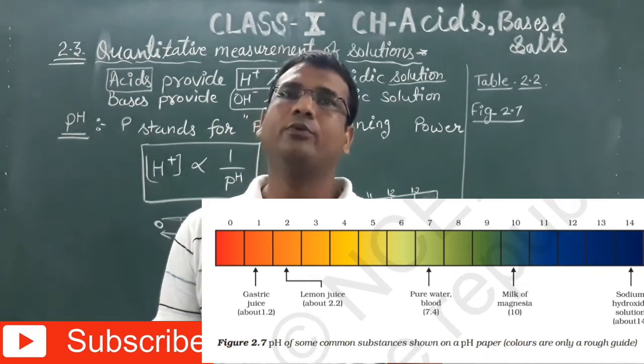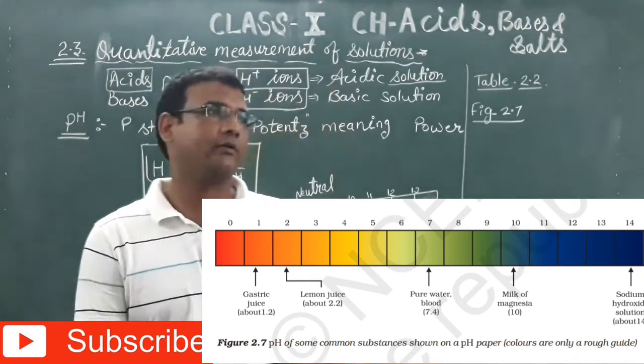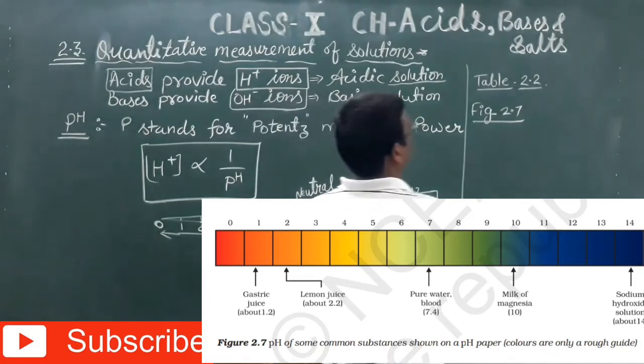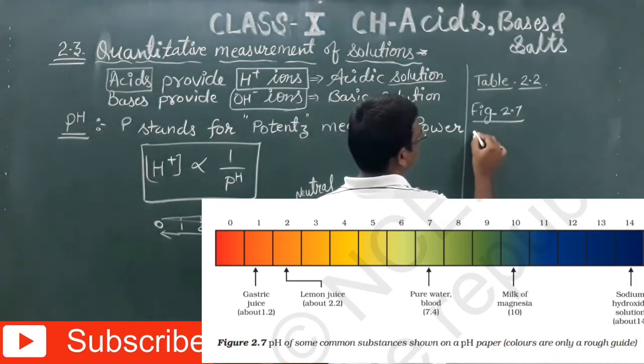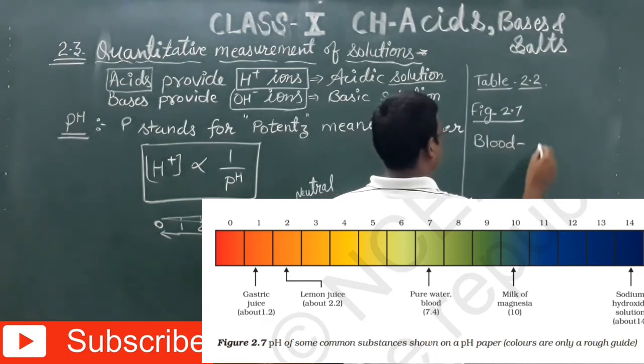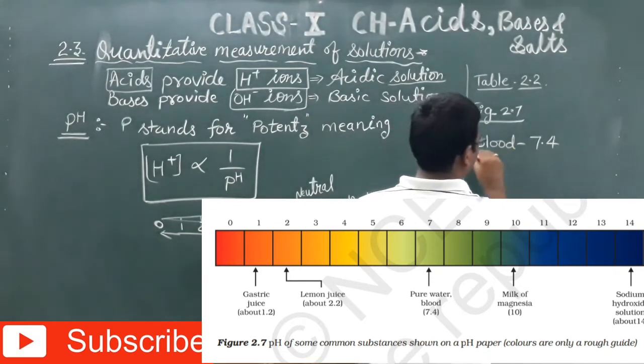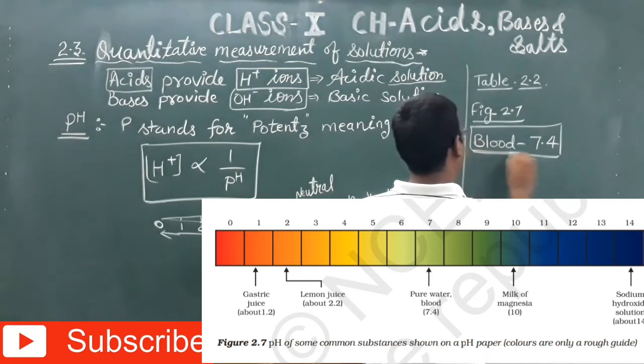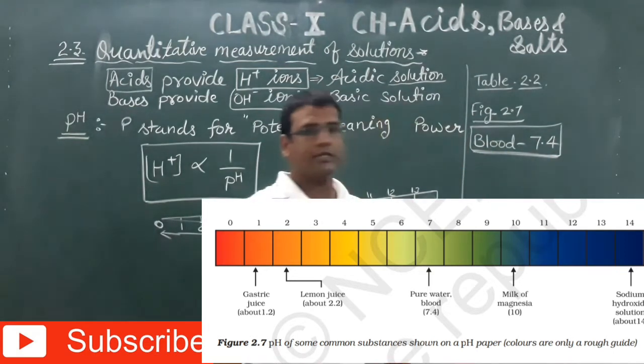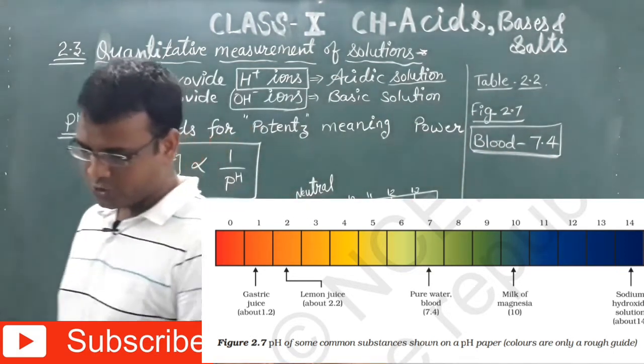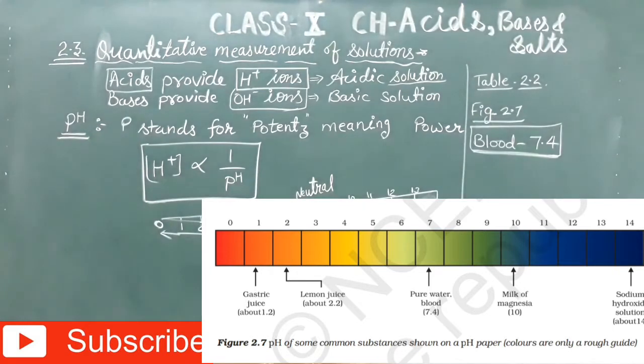In this figure, the important one is the pH of blood. What is the pH of blood? That is 7.4. Very important for your exam perspective, and also helpful when you appear in competitive exams.